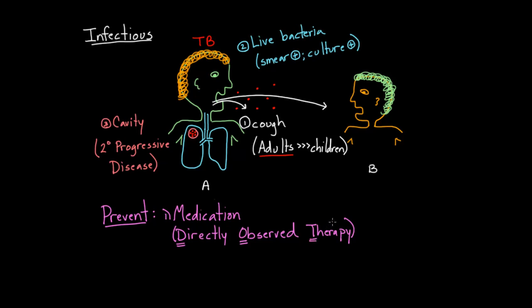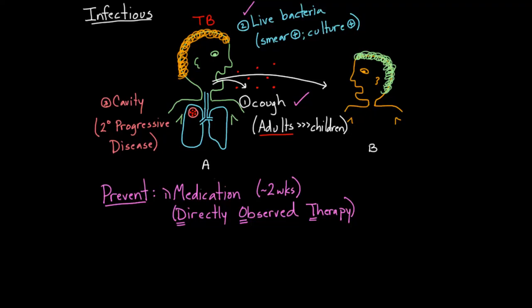This is an easy way to make sure that someone's actually taking their medications, and we call it DOT. And so that's obviously going to be helpful for killing off the bacteria, so we don't have to worry about live bacteria anymore. And usually that happens in about 2 weeks. After 2 weeks of medications, that usually kills off the bacteria, so you no longer have those positive smears and positive cultures. And also helps with symptoms, right? So if you're not sick with TB, you may not be coughing as much. So that's another important thing to keep in mind.